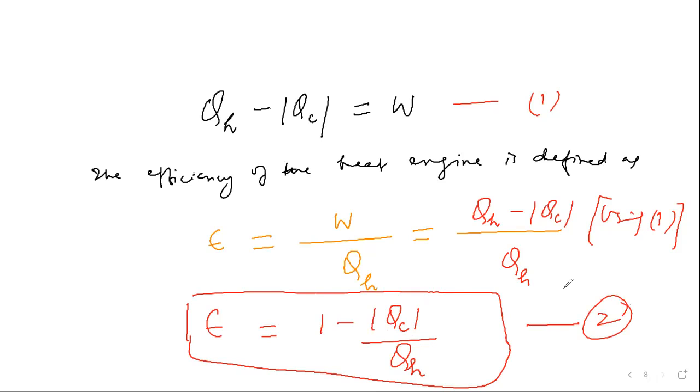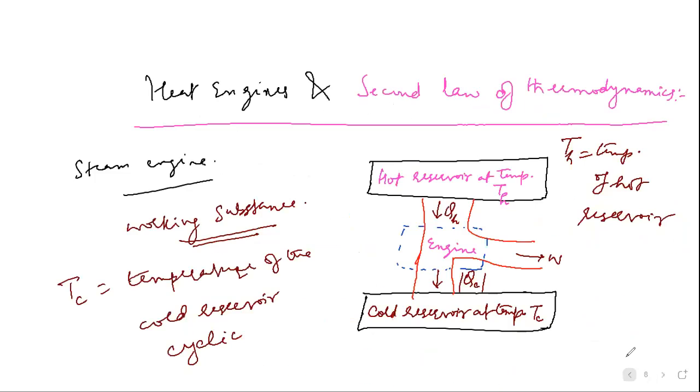Now what do we want? We want our heat engine to be efficient. If it is 100% efficient, that will be the best possible situation. 100% efficient means, let us go to the diagram, that if I put certain heat into the engine, I must get that much work.